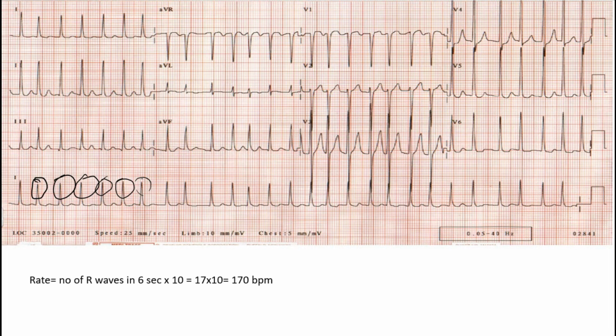In case of a regular rhythm we calculate heart rate by looking at the big boxes between the RR. For example, from here to here there are approximately 2 big boxes, so we divide 300 by the number of big boxes.